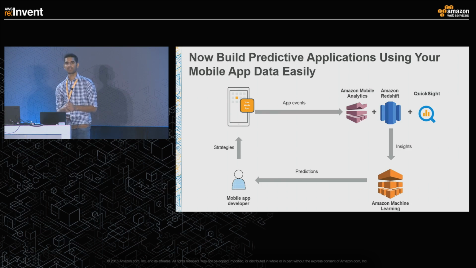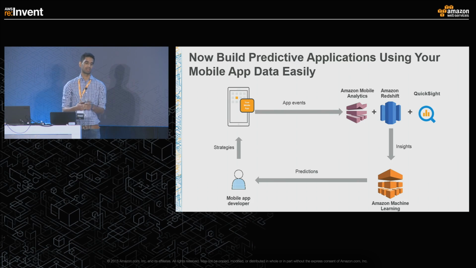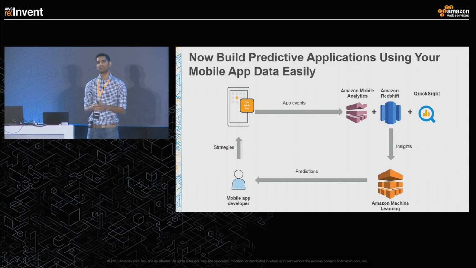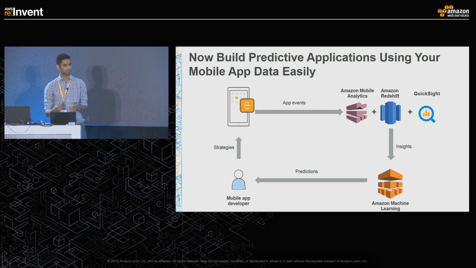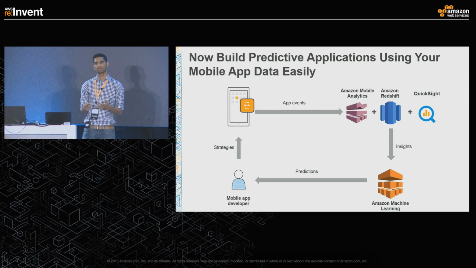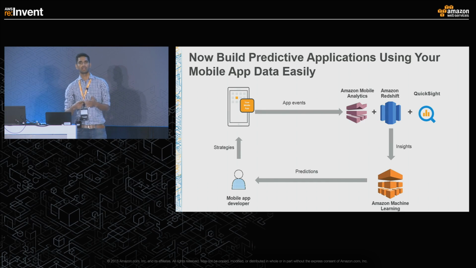So let's take a step back and quickly see what we have talked about and what we have learned today. We've learned that by integrating the Amazon Mobile Analytics SDK into your app, you could quickly start to collect all your mobile app events. You could easily access business metrics that you care about at a regular cadence.